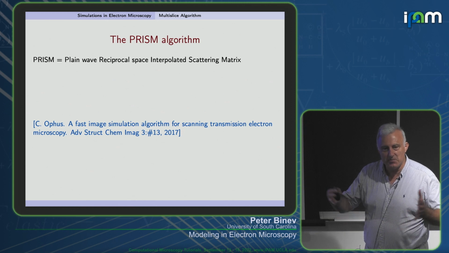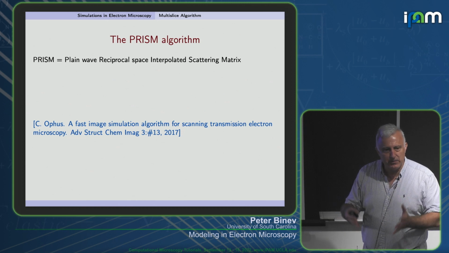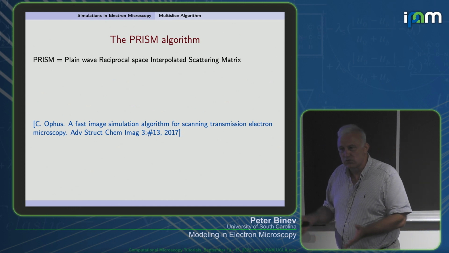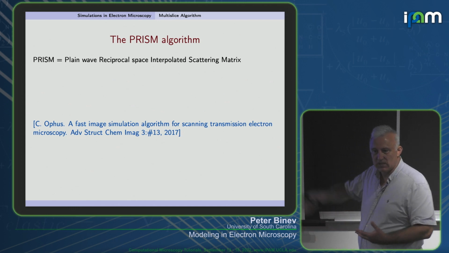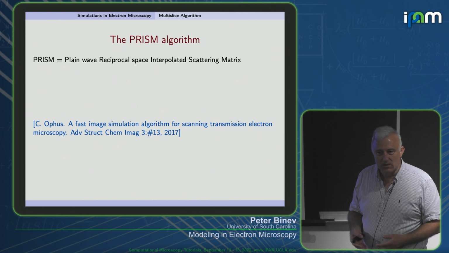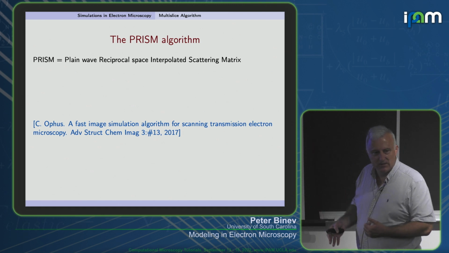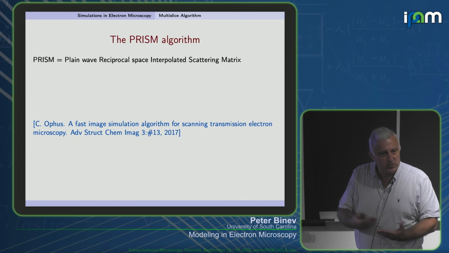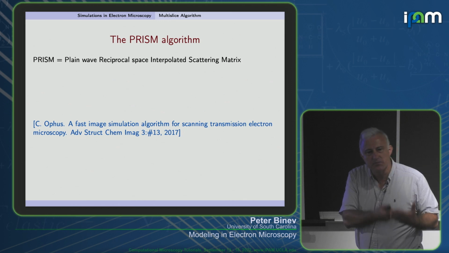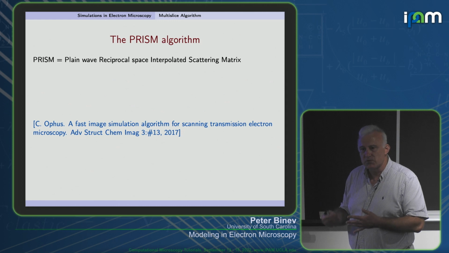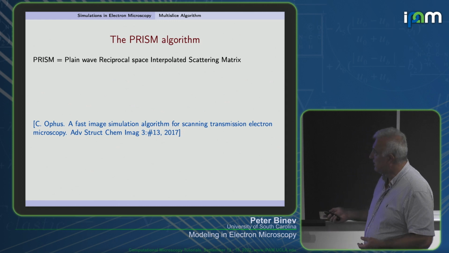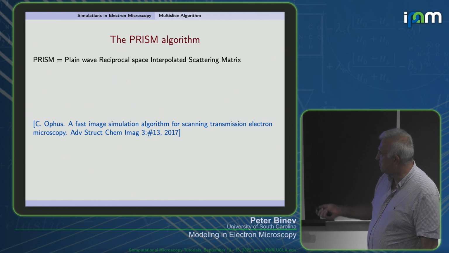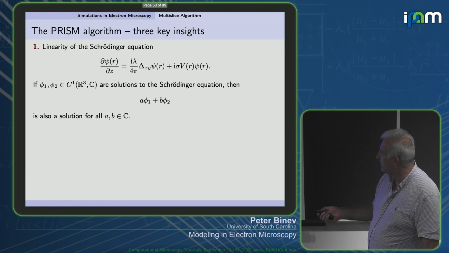Can we find some basis in which we have a smaller number of functions to calculate the solution, instead of calculating for 20 million different positions? If we have a reduced basis, we can calculate this reduced basis and then for each of these positions calculate everything there. So that is practically what is behind PRISM.